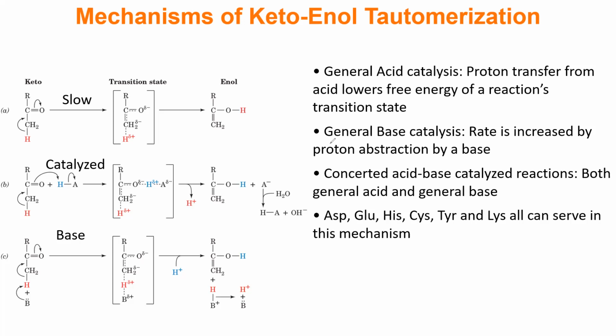Now, as always, like I've been saying, the reason we're looking at these examples in class is because they're well studied and they can be applied to a bunch of different enzymes. And so the first example of an enzyme mechanism is acid and base catalysis.